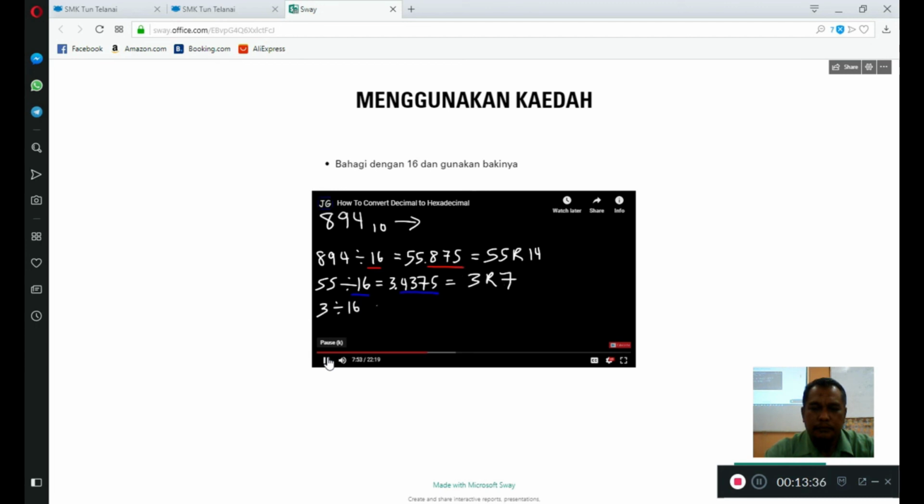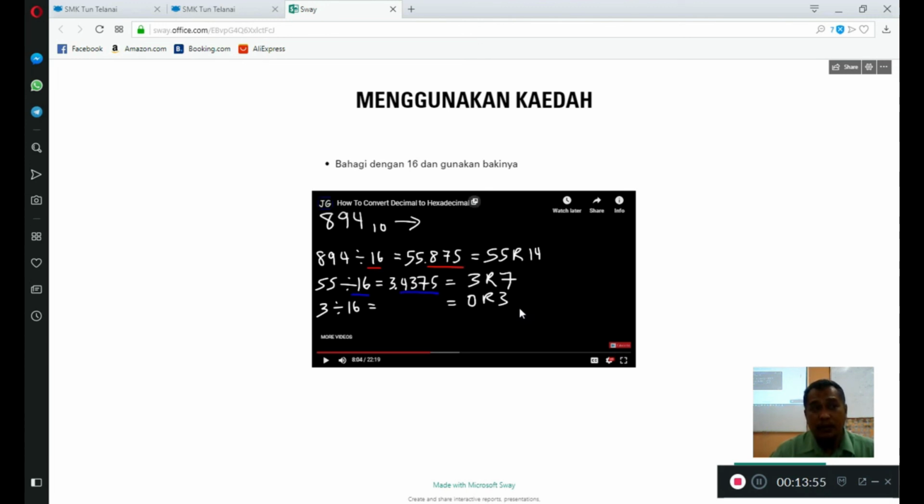3 divided by 16 is going to give us a number less than 1. So we can go straight to the answer. 16 goes into 3 0 times with 3 remaining. Maksudnya kalau kurang daripada 16 tu, ambil jawapan sebagai baki ya.